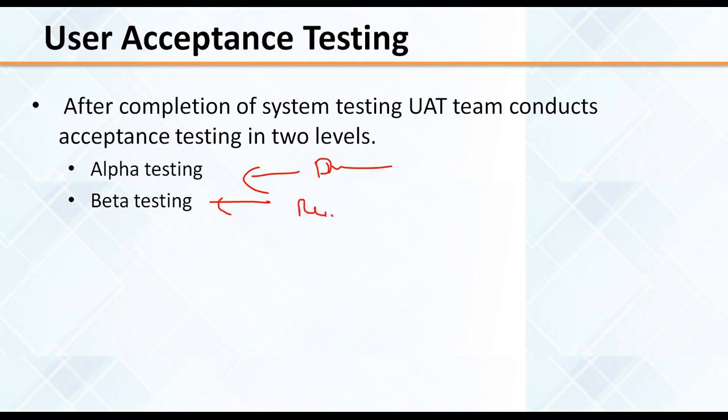Both are conducted in the customer environment, right? So these are all the levels of testing: unit testing, integration testing, system testing, and user acceptance testing. As a tester, we need to focus more on system testing.